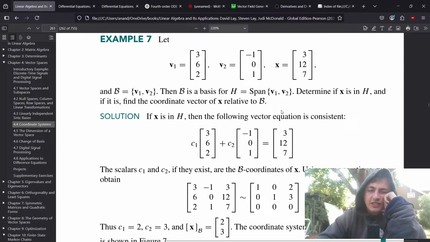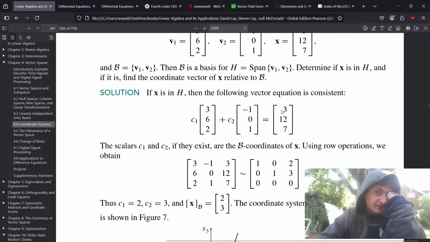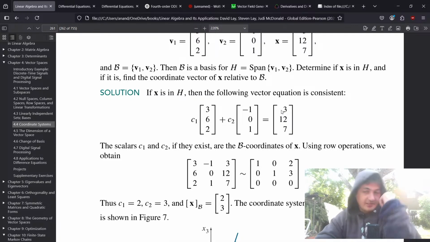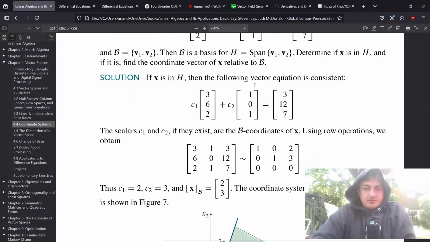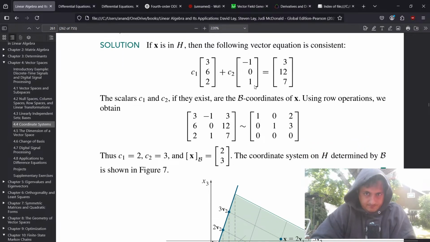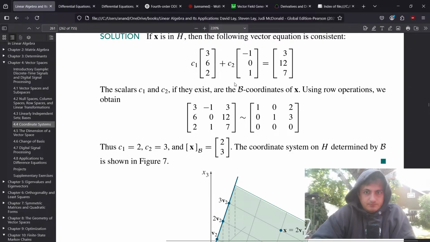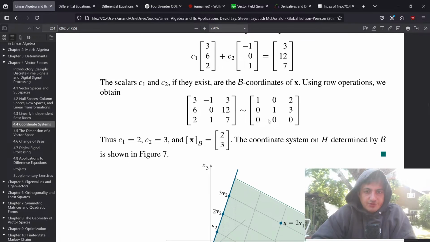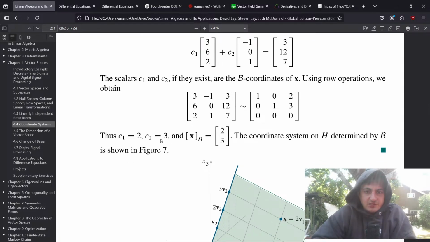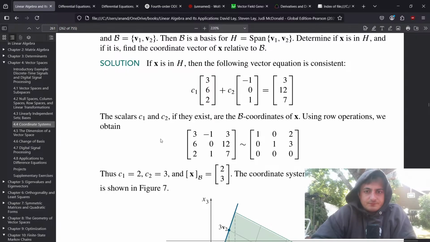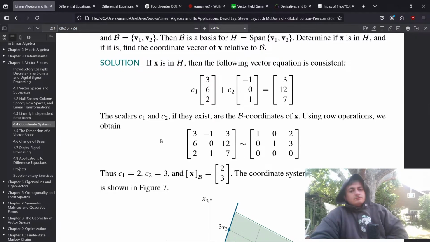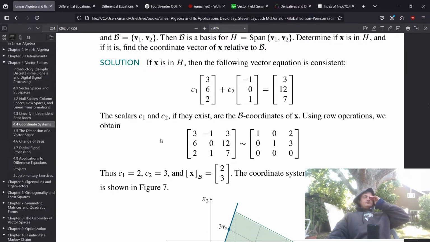Determine if x is in H, and if it is, find the coordinate vector of x relative to B. Okay, so they make the augmented matrix, then they row reduce, and they find this.